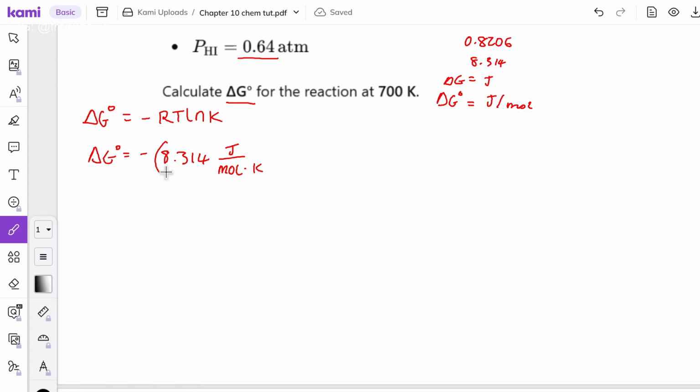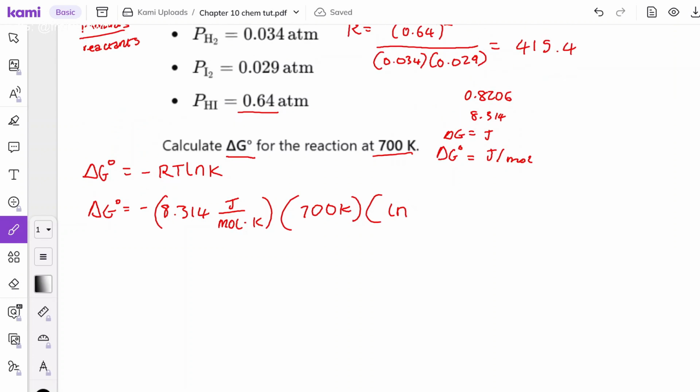And then back to this, you multiply by the temperature right here, 700 Kelvin, times the ln of the K we found earlier, which was 415.4. And you plug this all into the calculator, you get an answer of 35,088.9, the calculator says.